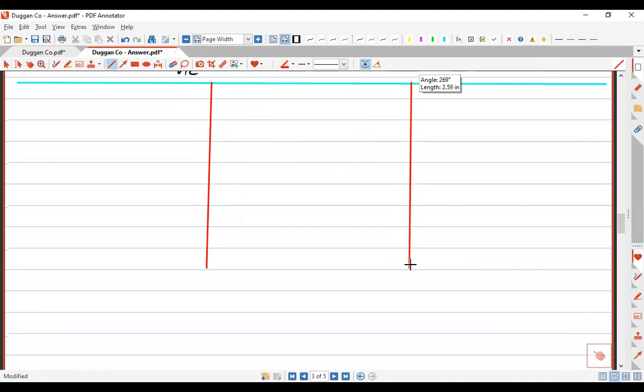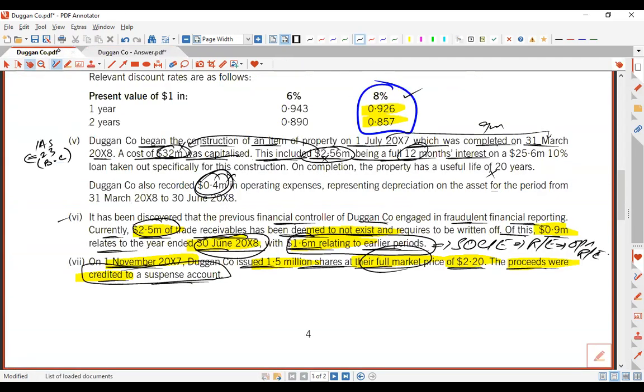In accounting childhood, we study this thing like, what is the original entry. Originally, when we issue shares for cash, we recorded cash. And by the way, how many shares are there? 1.5 million shares issued at 2.2.